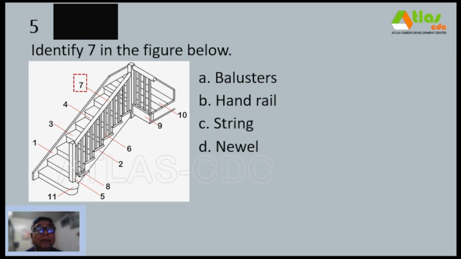Number 5. Identify 7. This one in the figure below. A. Balusters. B. Handrail. C. String. And D. Newel. And our correct answer is letter B. Handrail.